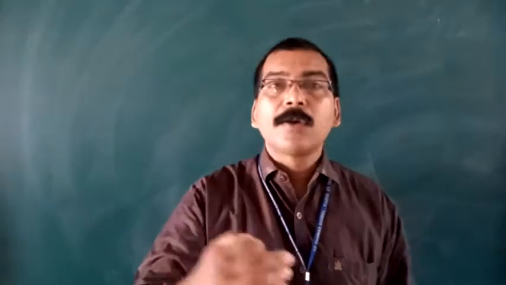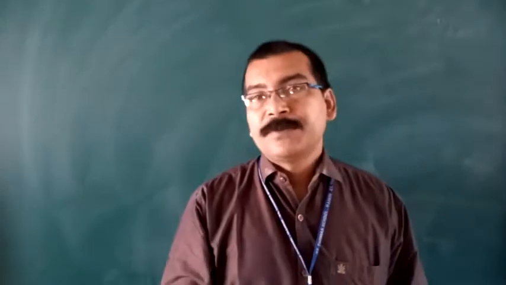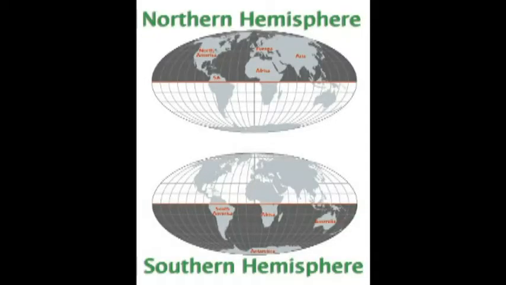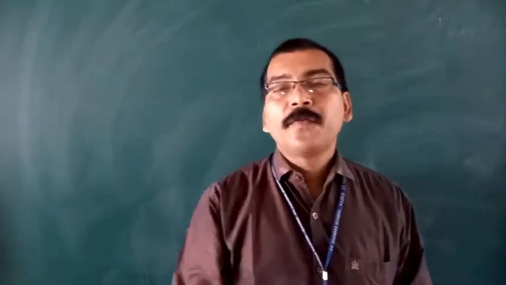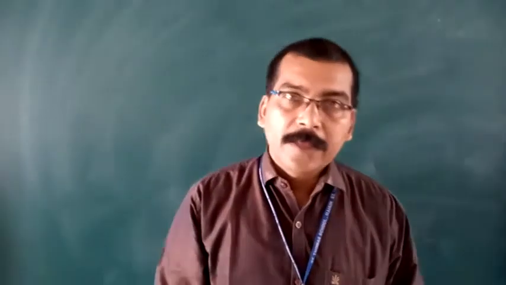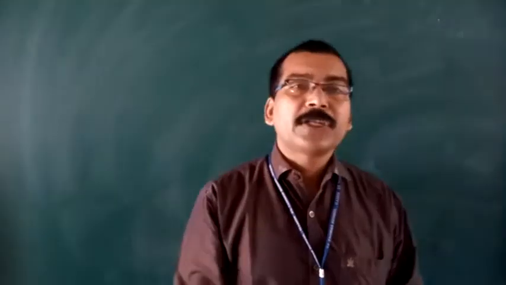And when we see the globe, we can find that the southern hemisphere is mostly covered underwater and the northern hemisphere is mostly land. Already we have seen about the two forces that causes the formation of land.